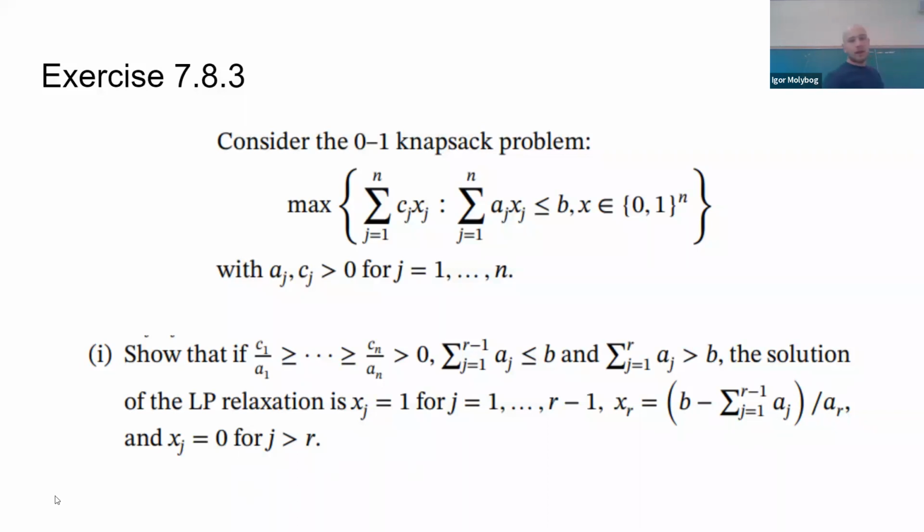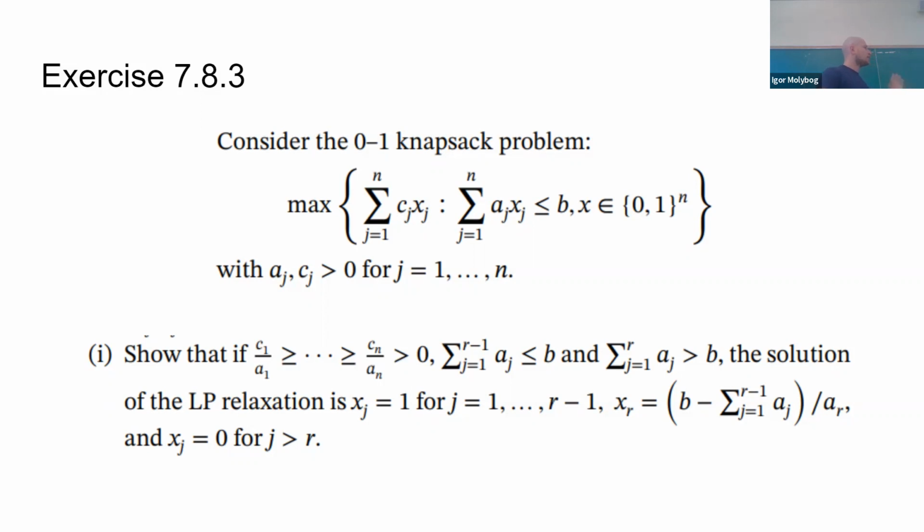We were sorting our variables from 1 to n, so that the ratio between cj and aj is decreasing. This ratio between c and a is basically the cost of a unit of volume that is being occupied by an item, right?